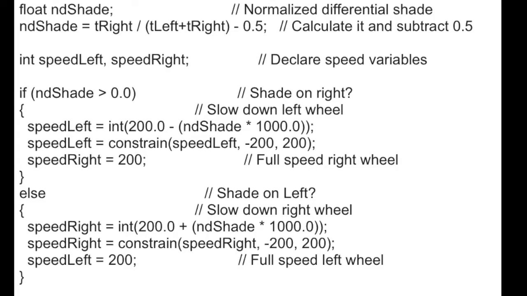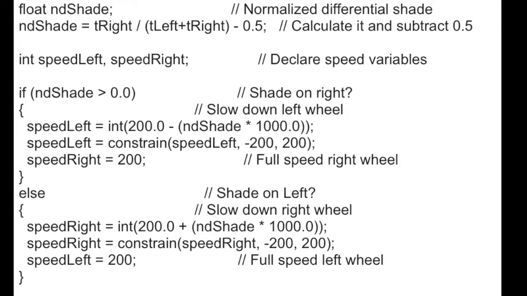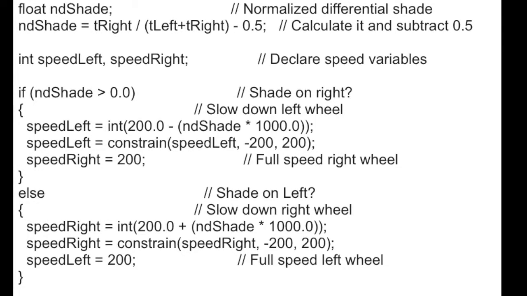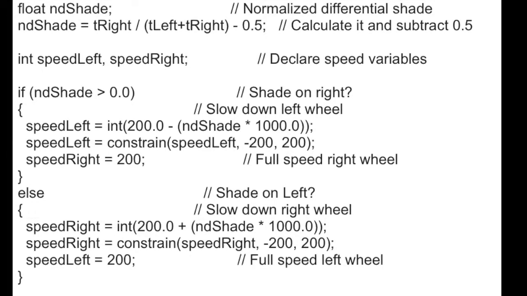In the else section, which is when ND shade is equal to or lower than 0, it means there's shade on the left phototransistor. The else section is almost the same as the if section.